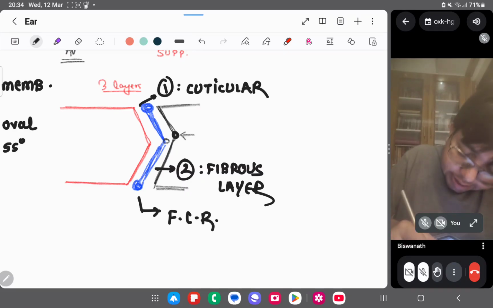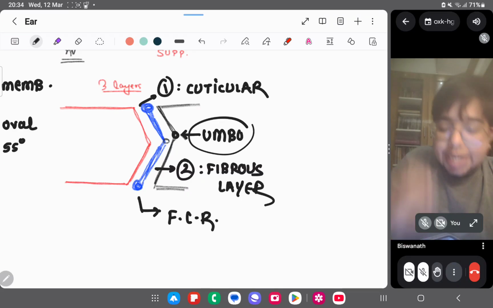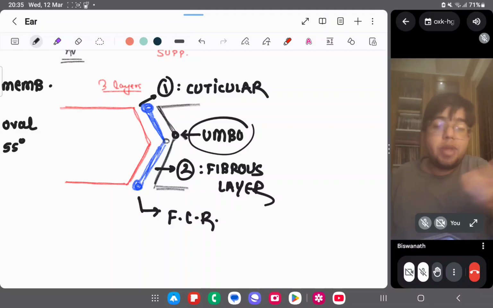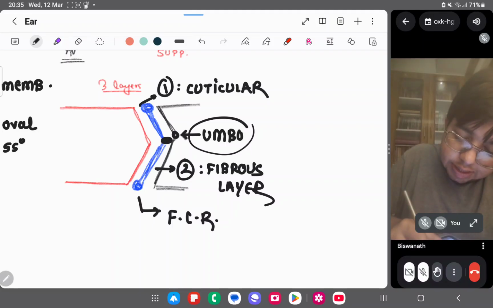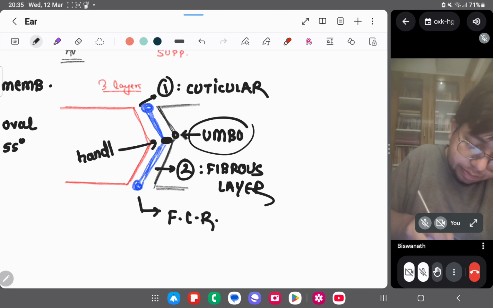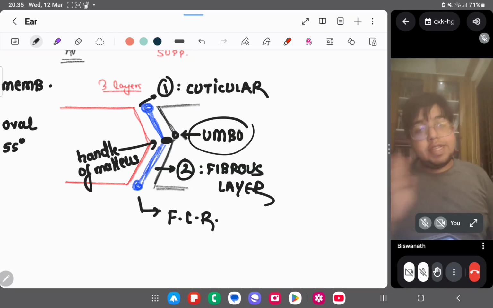And here, this indentation part is called the umbo. Umbo is basically a depression formed due to the lateral process of the handle of the malleus. This here is the attachment point of the handle of the malleus. If this is clear, okay.